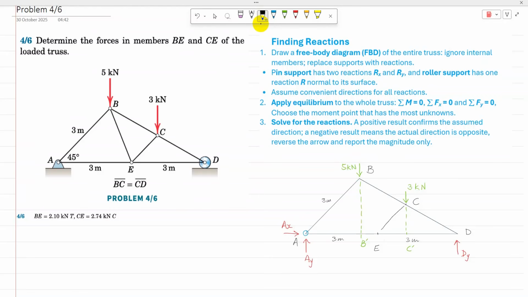ABD is similar to ECD, and that angle theta is the same. So the ratio of AD to ED is equal to the ratio of AB to EC. Using that ratio, EC is 1.5 meters, and then I can find the distances here.